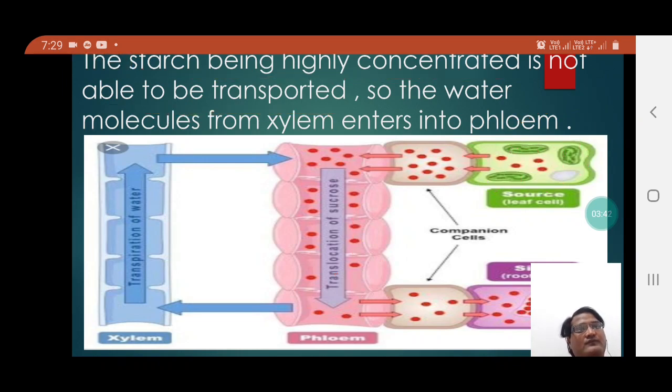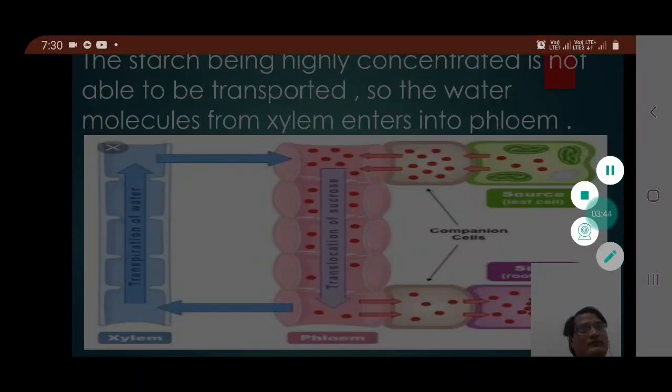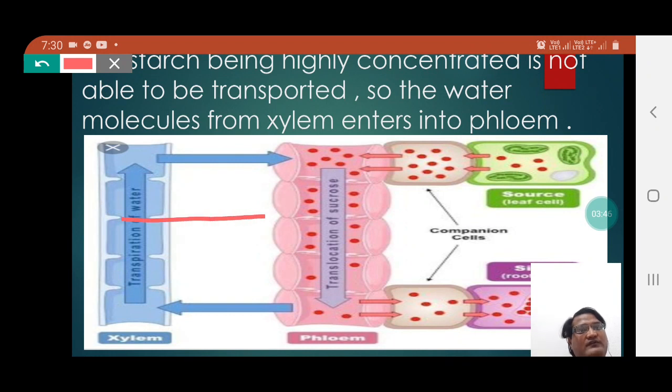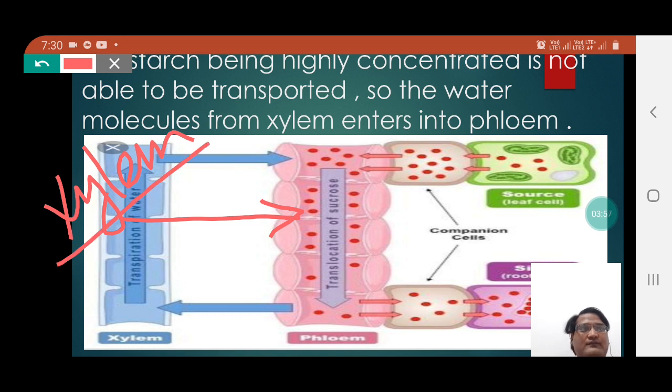So students, water from the xylem enters into the phloem. Students, here in this picture, this part shows the xylem and this part shows the phloem.